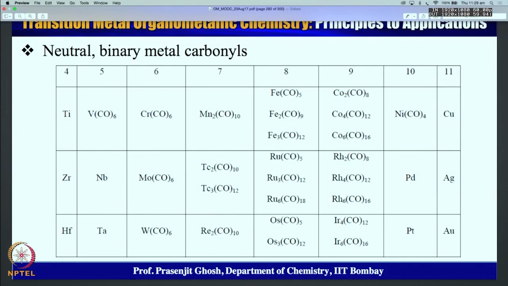That is because these carbonyls are stabilized by electron rich metal centers, which can not only accept electron density by sigma donation, but also back donate electrons from the metal to the ligand, and this back donation is very critical in stabilizing transition metal carbonyl complexes. This is evident from the fact that for the electron deficient group 4 metals like titanium, zirconium, hafnium, no binary carbonyl complexes are known and are yet to be stabilized.